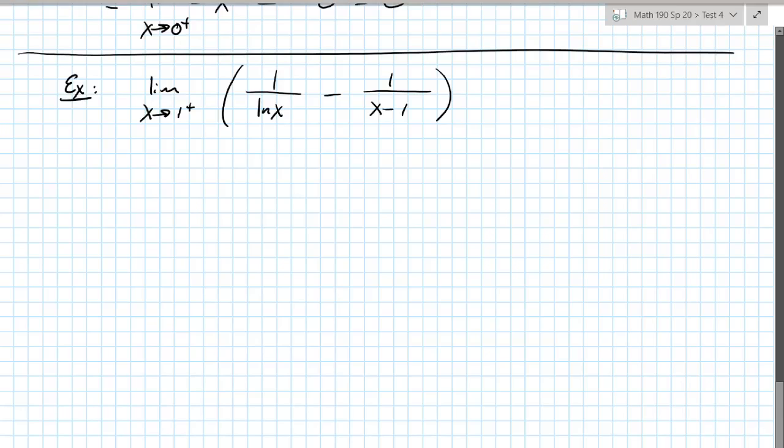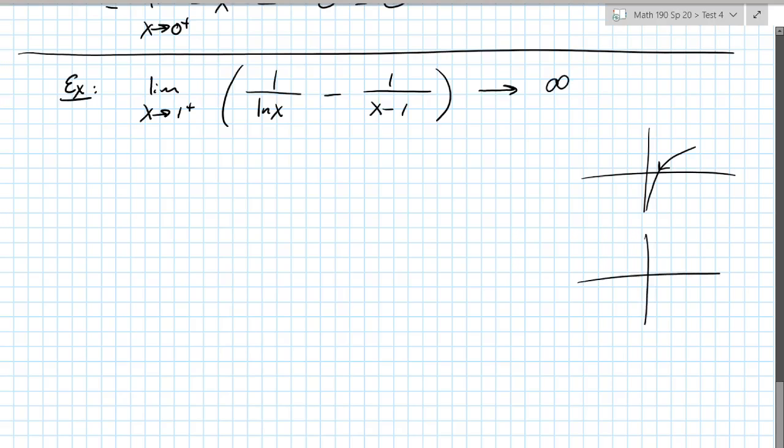Our next example involves an indeterminate difference. Notice that if we try to evaluate this limit with direct substitution, we get 1 over a little bit larger than 0, so positive infinity.